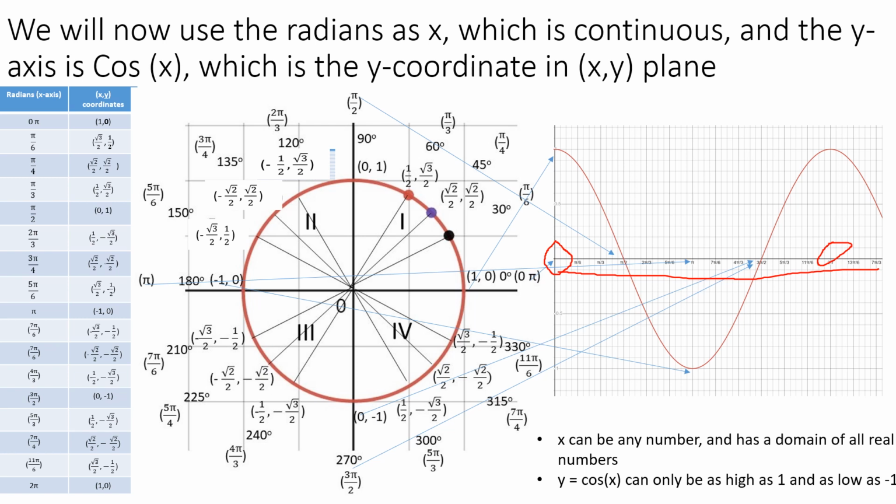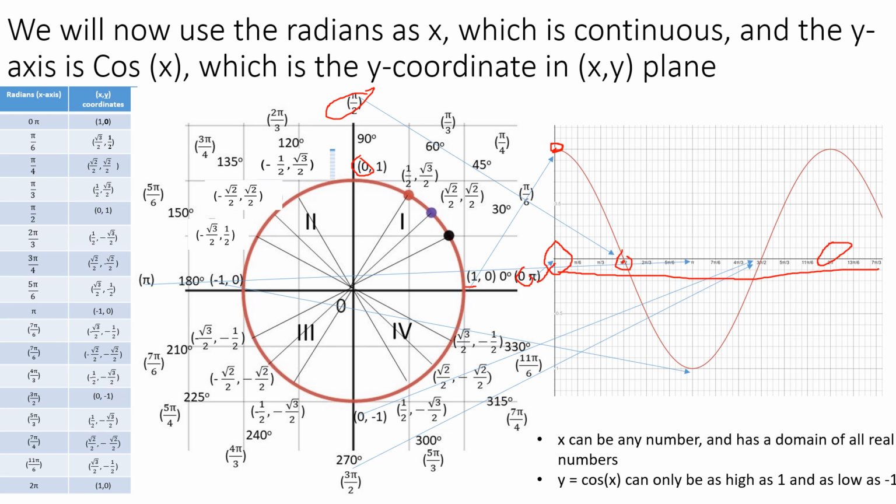When we have 0 pi right here, we start here. And on the vertical axis for the cosine, it's 1. If we look at pi over 2, right here, and right here, our cosine, which is again our x-axis, is at 0.